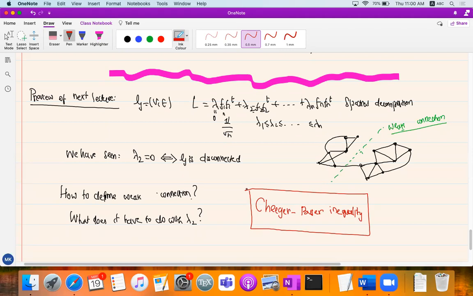So we will talk about how to define weak connection and then how to capture it in terms of lambda 2. I hope I will be able to prove most of it, but maybe not, we'll see. Okay, I will stop here. Thank you.